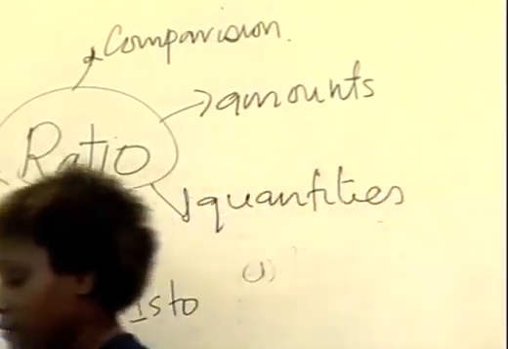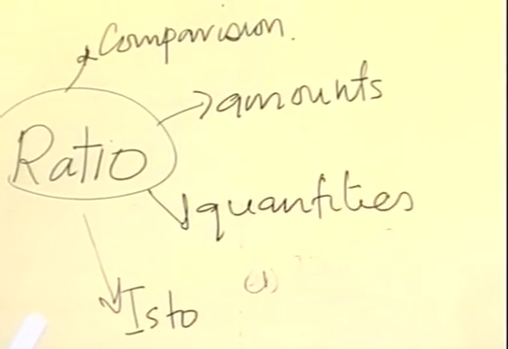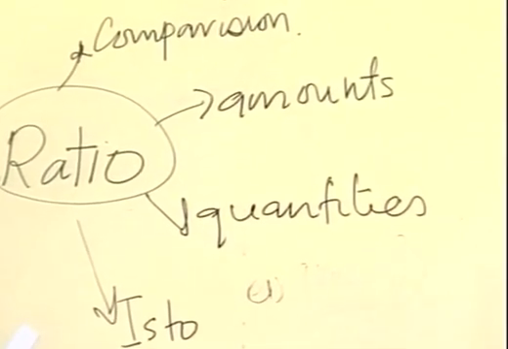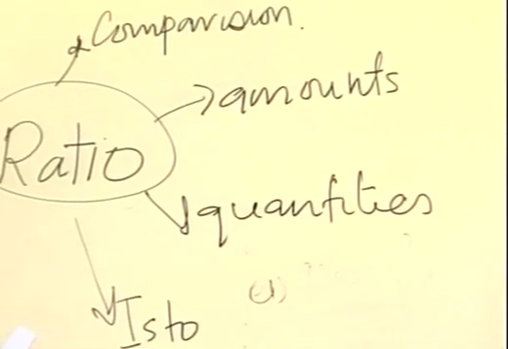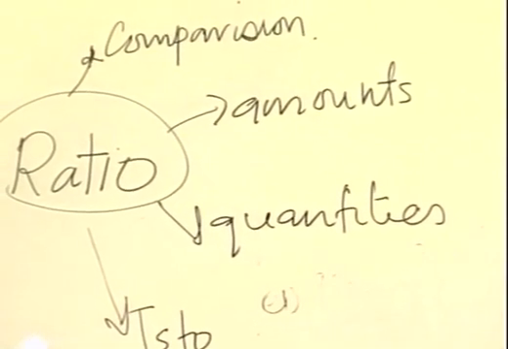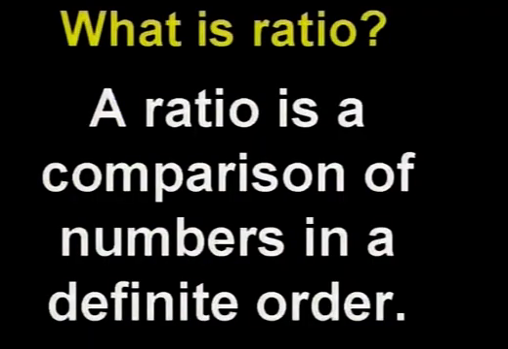Okay, on the board we have some of the words that we have brainstormed that might define what ratio is. We have comparison, amounts, quantities, is to. On the screen we have the definition. Try to see if some of these words are there with the definition. Okay, what is ratio? A ratio is a comparison of numbers in a definite order.